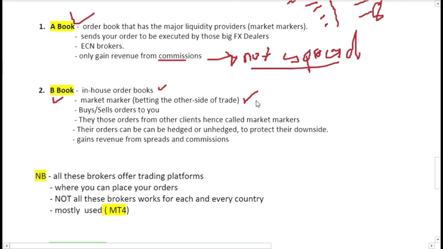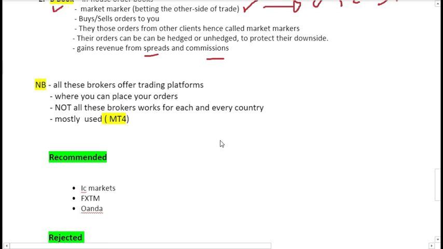So they usually gain from OTC gains, I think I've explained OTC gains, people who make money from OTC gains. The buyers' or sellers' orders to you are those orders from other clients, which is why they're called market makers, I've explained. So they also gain from commission, OTC gains, spreads, commission, right? Every time you get into a trade, they charge a certain percentage, right?